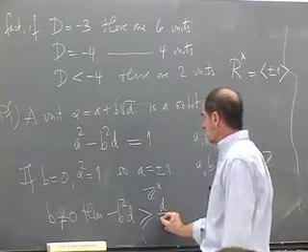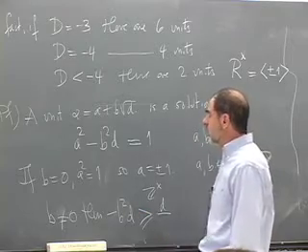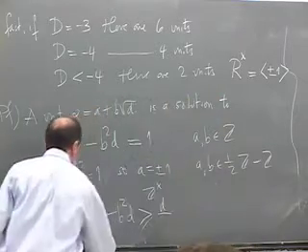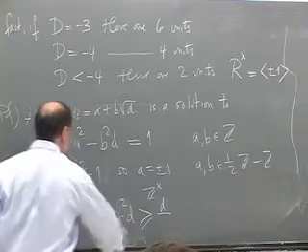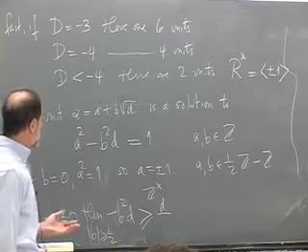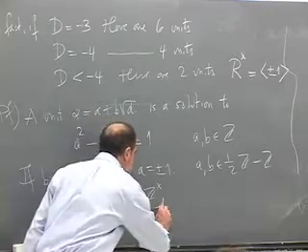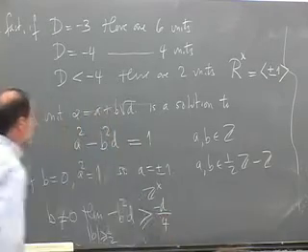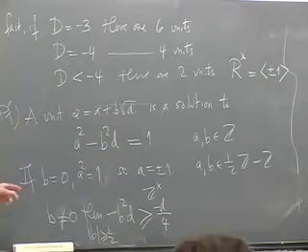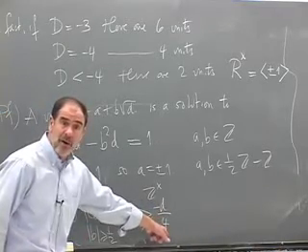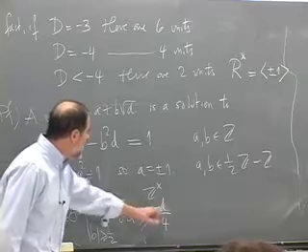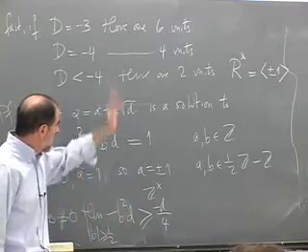Because b, whatever it is, is in absolute value at least a half, so b squared is at least a quarter.